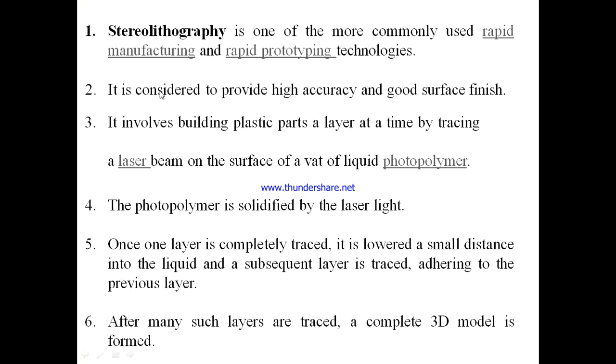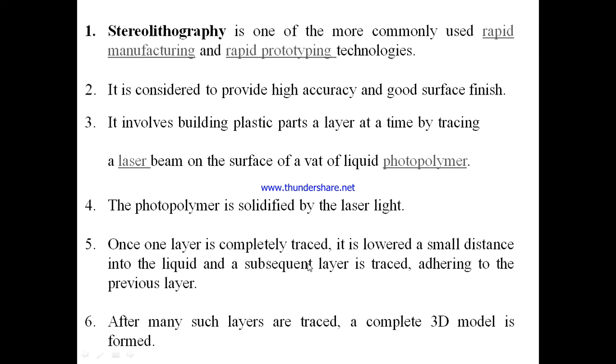So stereolithography is one of the more commonly used rapid manufacturing and rapid prototyping technologies. It is considered to provide high accuracy and good surface finish. It involves building plastic parts a layer at a time by tracing a laser beam on the surface of a vat of liquid photopolymer. The photopolymer is solidified by the laser light.